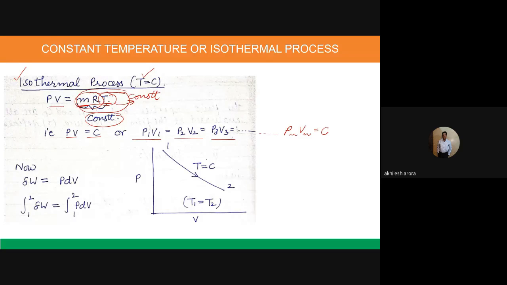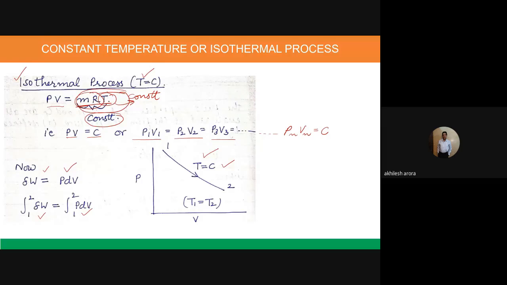And this diagram shows the graph for the constant temperature process. Once again, using the same equation, delta W is equal to PdV. So integrating both the sides, delta W from 1 to 2 and PdV from 1 to 2.